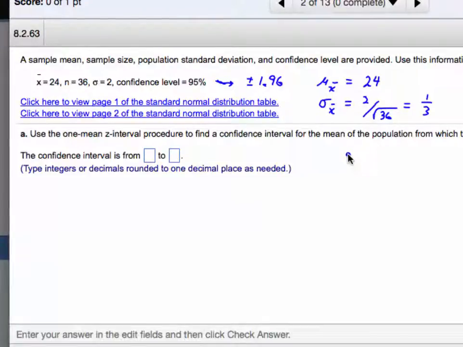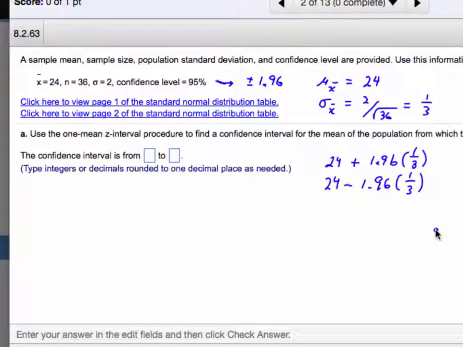and that'll be our confidence interval. So we'll have 24 plus 1.96 times 1/3. So we're going up 1.96 of these standard deviations, and then we're going to go down 1.96 of those. Anyone got a calculator? Crank those out.